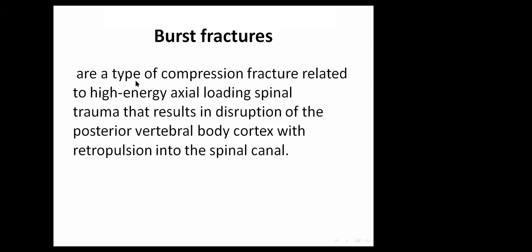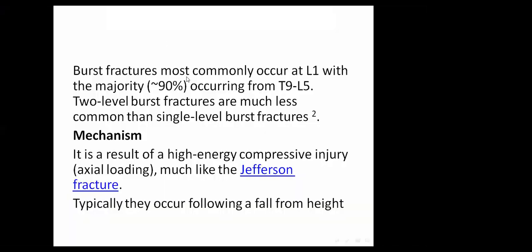Burst fractures are a type of compression fracture related to high-energy axial loading spinal trauma that results in disruption of the posterior vertebral body cortex with retropulsion into the spinal canal. Most commonly they occur at L1, with the majority, 90%, occurring from T9 to L5 vertebra.